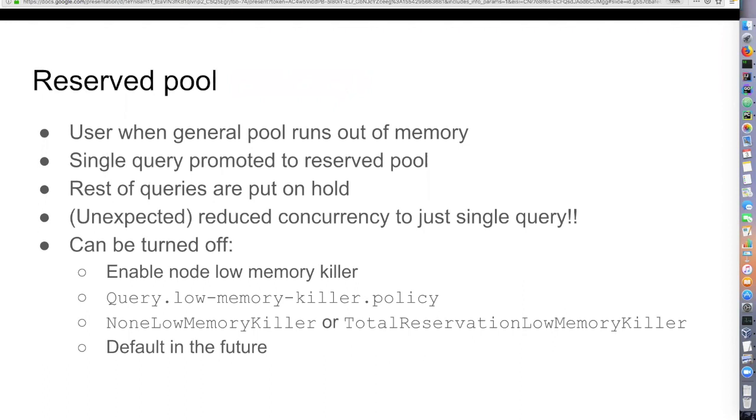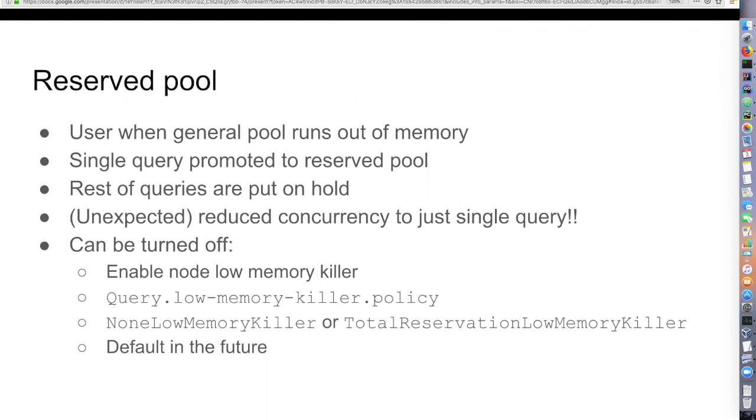The thing with the reserve pool is that when the general pool has no more memory, one of the queries gets promoted to the reserve pool. The way it works is that the coordinator actually promotes such a query, so that they don't deadlock on every node.